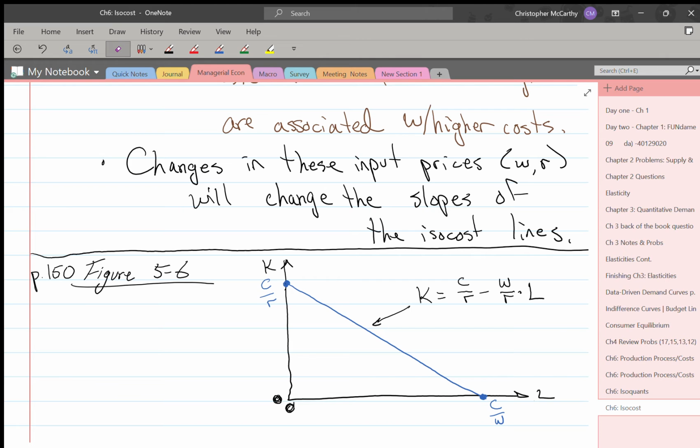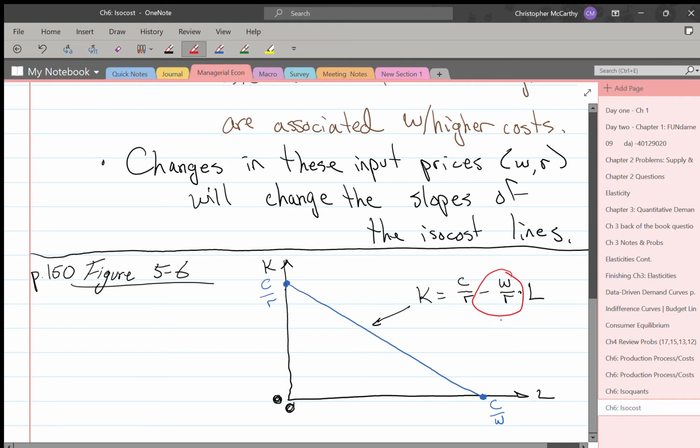You know what the b is, it's C over R. So what's the m? Negative W over R. So our slope is right here, and our intercept, this is our b, if we wanted to put this in y equals mx plus b.